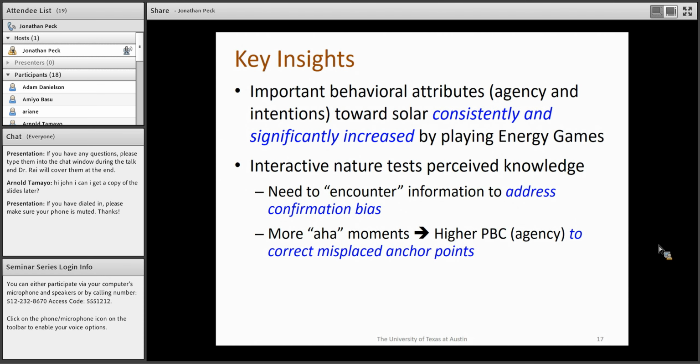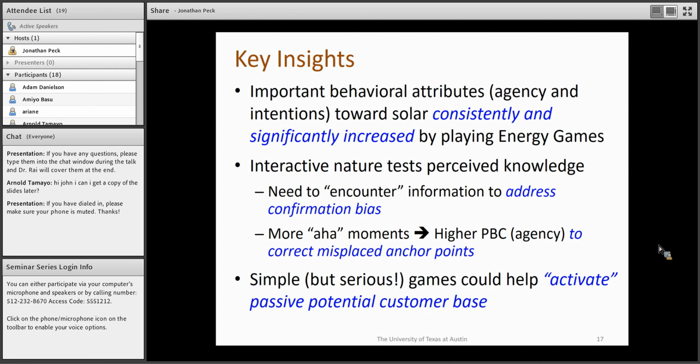As against that, on a platform like this, you have to interact with the system and bring to bear whatever your beliefs are, and then quickly find out whether that's in line with the objective fact or out of line. And so there's this instant learning and interaction that happens, and that leads to more discovery points, more aha moments, which we then discover has a direct and significant impact on the agency, which is the ability to act for these players or potential customers.